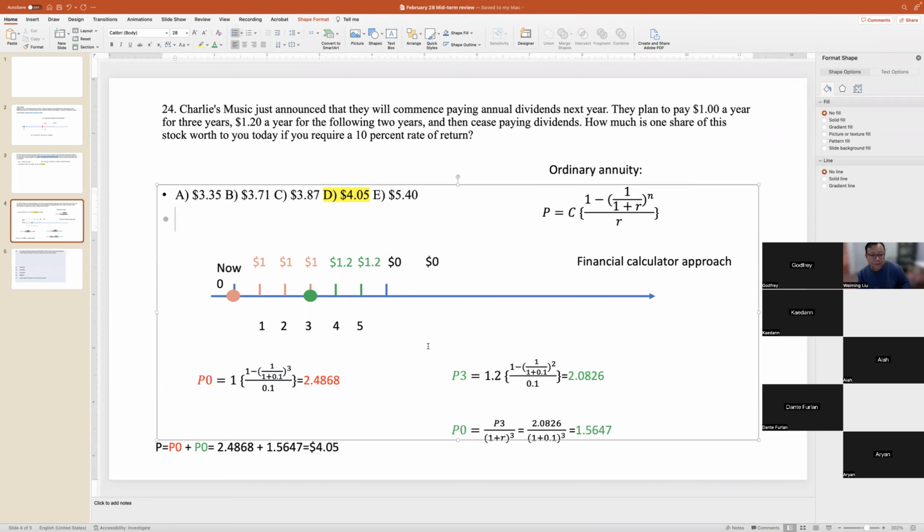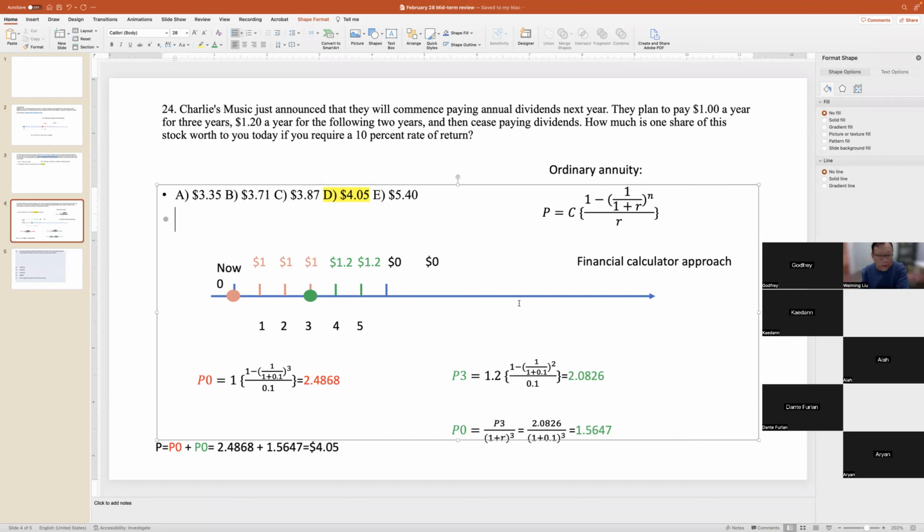And yeah, Godfrey, you can use that to discount each of them one by one. That was good, but the question is, what if I tell you that, let's say, $1 for 20 years, and on the 21st year, $1.2, and for 10 years, right? So you see what I'm saying? In that case, knowing the formula would be beneficial, but with 5 cash flows, it's manageable.